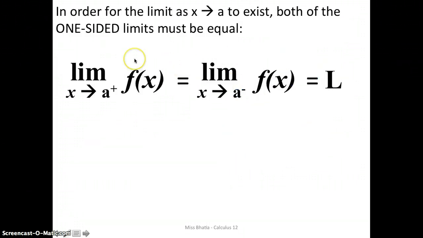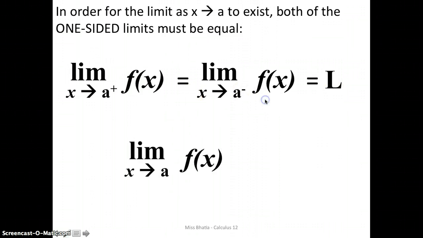So to put this into general terms, in order for the limit as x approaches a to exist, both of the one-sided limits must be equal. So the limit from the positive side must equal the limit from the negative side, and it must be the same value, whatever that value happens to be.